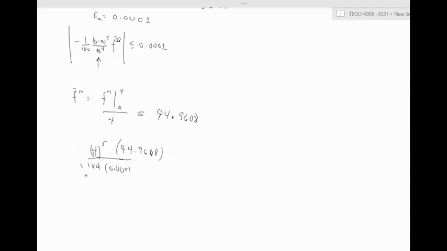In absolute value, that has to be less than n to the 4 power. Oops, n to the 4.